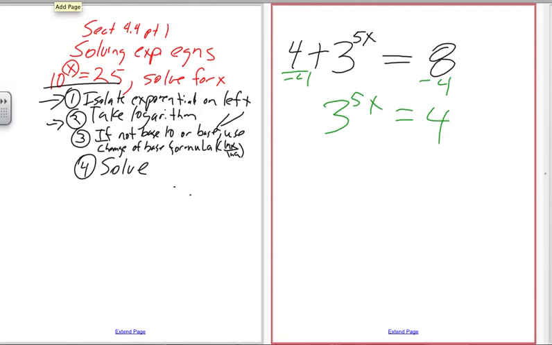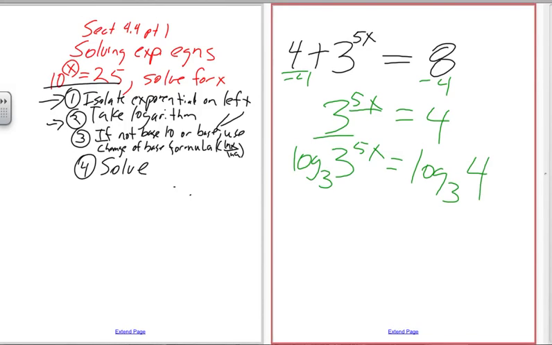All right. We're left here because there's my base and there's my exponent. So at this point we can take the log, and because my base is 3, I want to do log base 3 of 3 to the 5x equals log base 3 of 4. And you have to do it to both sides. Inverse operator.